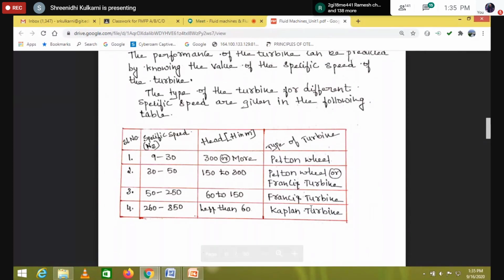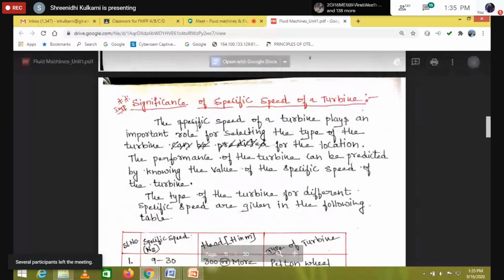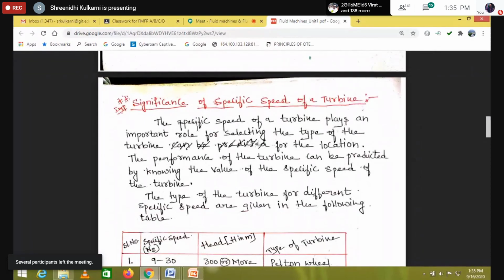And you have heard the name Shivana Samudra, near Malvalli, or we can simply call it Mandya. There we can see the Francis turbine. In Shivana Samudra, we can see the Francis turbine, for which the head required is 60 to 150 meters. So this is the significance, or the characteristics, of any turbine.